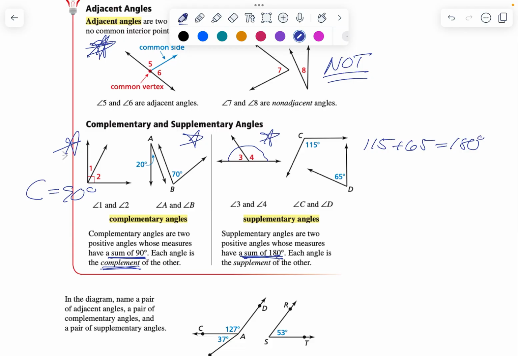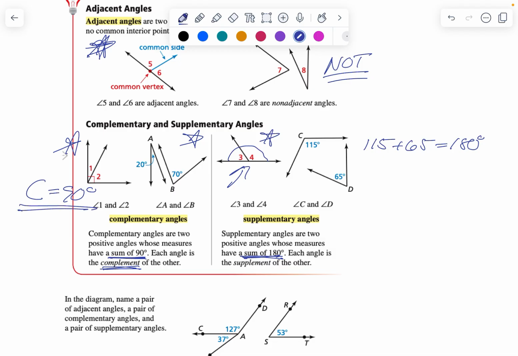So again, they don't have to be next to each other, but they just have to be two angles that add up to 180 degrees. Sometimes it looks like it in the picture, or else we check the addition. And so we say things like angle 3 is supplementary to angle 4, or angle 3 is the supplement of angle 4.